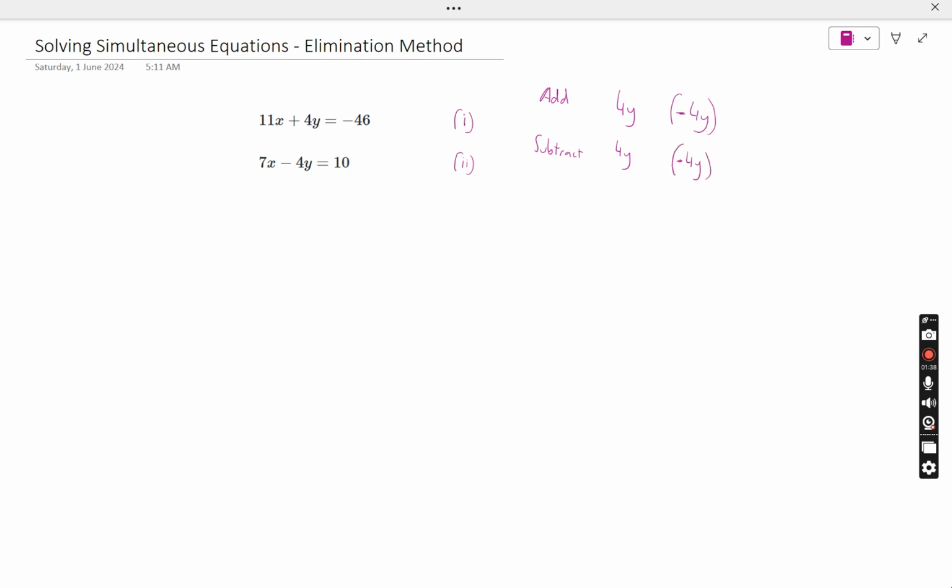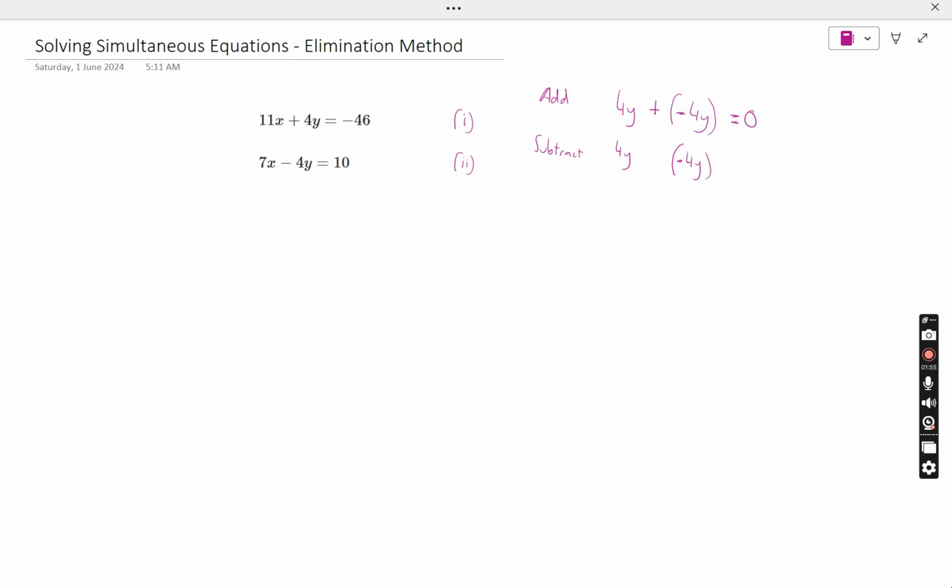So in the first example, in the adding, if I was to do 4y plus a negative 4y, that's the same thing as 4y minus 4y, which equals 0, which is what we want.